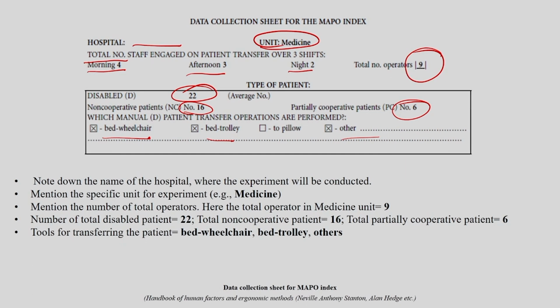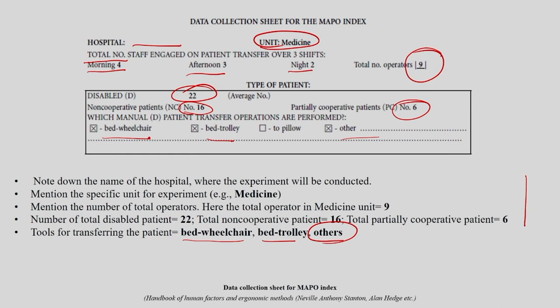As I mentioned, here we have taken medicine as the unit. The tools for transferring the patient were wheelchair, bed wheelchair, bed trolley and some other small equipment. This is the basic information you collect from the first part of your data collection sheet.